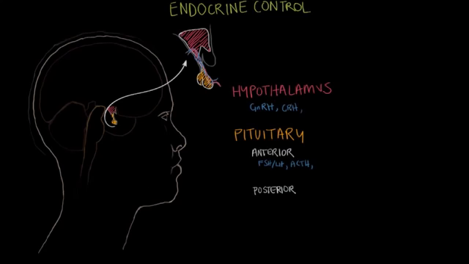And so moving along, the hypothalamus also releases thyroid-releasing hormone, or TRH. And thyroid-releasing hormone goes down to the anterior pituitary, and it stimulates the anterior pituitary's release of thyroid stimulating hormone, TSH. And thyroid stimulating hormone goes down and it stimulates the thyroid gland to release its hormones, thyroxine and triiodothyronine.